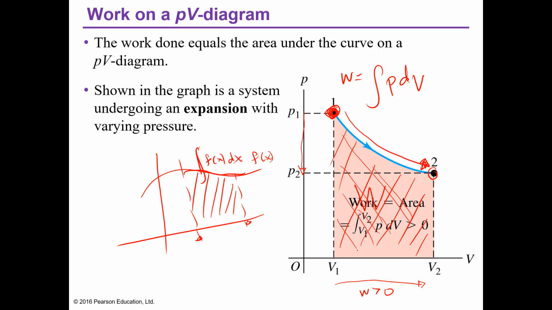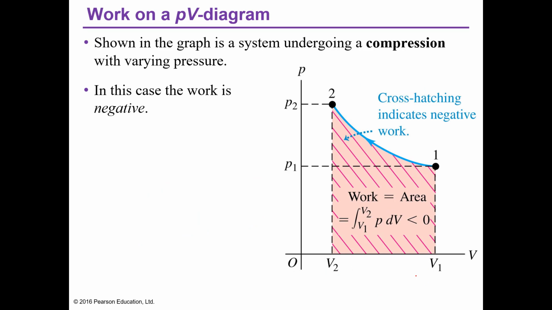Because in the change of your pressure and volume, you increase the volume from V1 to V2. So when there is an increase of volume, then work is positive. How about if you decrease your volume? Say for example, this is my initial state 1 and my final state 2.